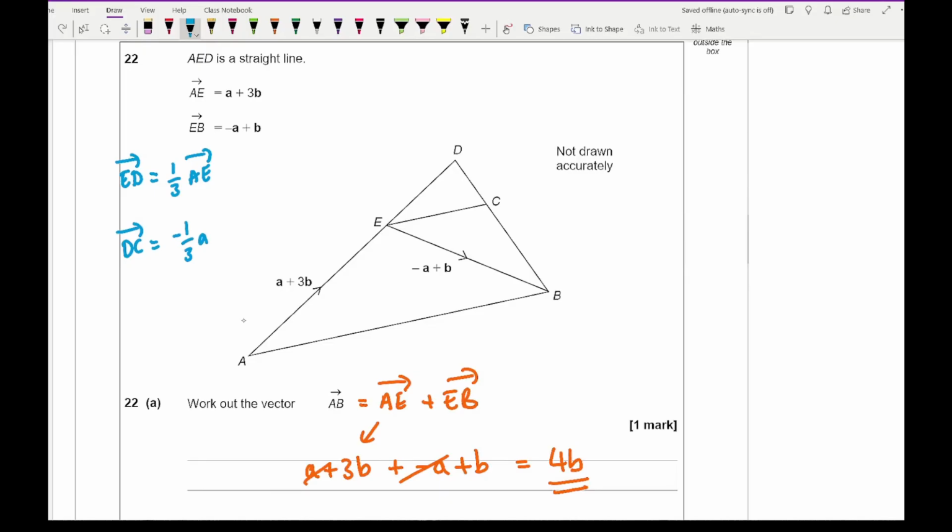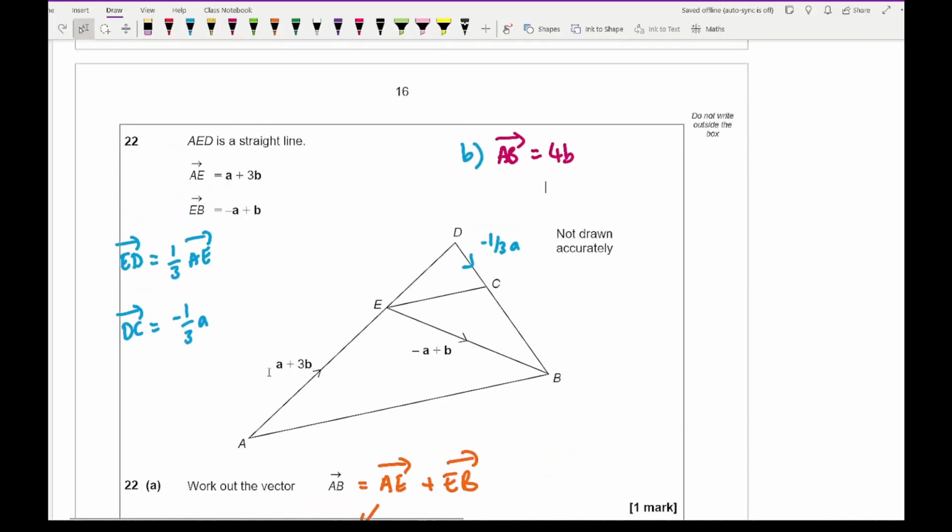So DC, I can just write here, is minus 1/3 a. So first things first, I already know what AB is, so let me just write this as b. AB is equal to 4b. So what I then need to do is work out what EC is.